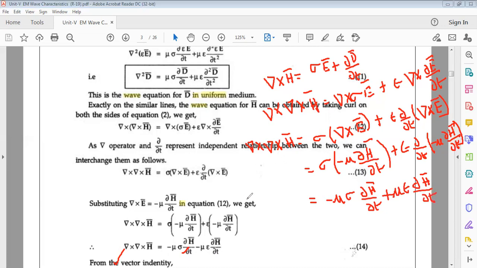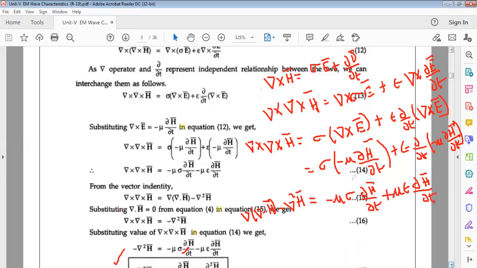From the vector identity, the left hand side equation becomes del of del dot H bar minus del square H bar, is equal to minus mu sigma dou H bar by dou T plus mu epsilon dou H bar by dou T. Simply, it is a simplification only, my friends.